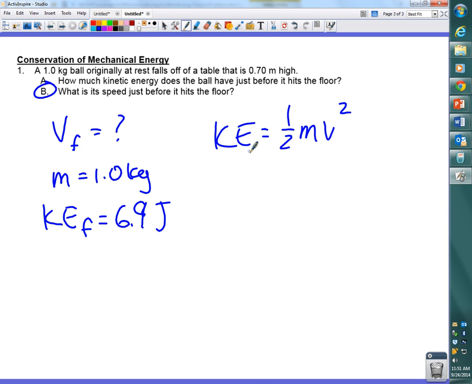And in this case, if we know the final kinetic energy, that would then correspond to the final velocity, right? So, a couple ways we can go about this now. First, we can plug the numbers into the equation and then solve for VF. The other way we can do it is we can get VF by itself originally, then plug the numbers in at the end. Okay? I'm going to do it the second way.